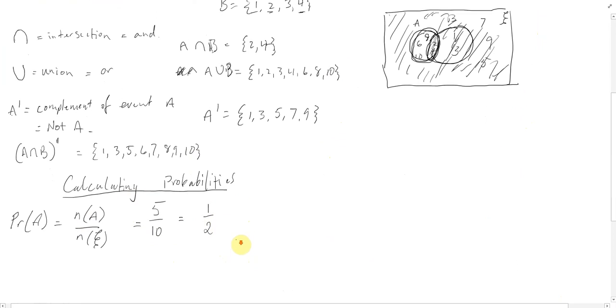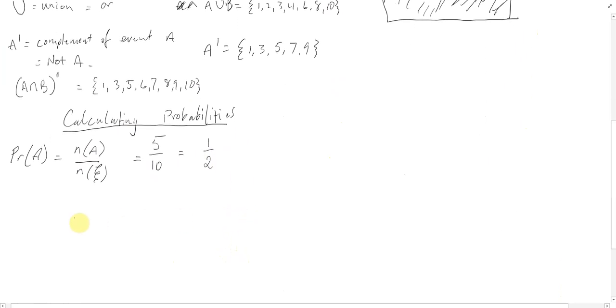Okay, let's do a slightly more complicated one. Let's do the probability of A union B. Actually, let's do the complement of A union B, not A or B, because that's what the complement means. So let's check this out. It's the number of elements in not A or B divided by the total number of possible things.